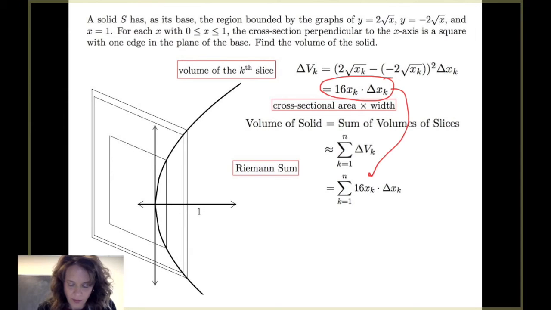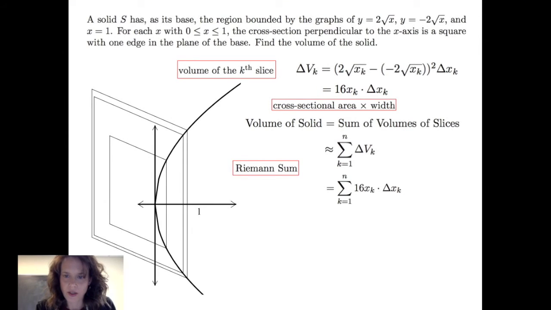I can substitute that in for delta V sub k. So the Riemann sum from k going from 1 to n of 16 x sub k times delta x sub k gives me the approximate volume of the solid. And when I take the norm of the partition as it goes to 0, I get the definite integral from 0 to 1 of 16x dx.